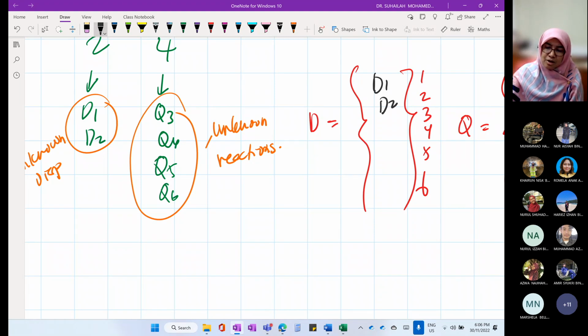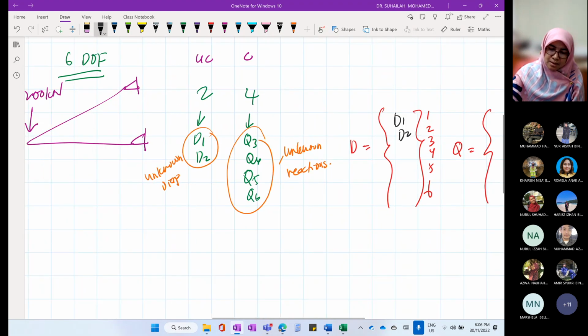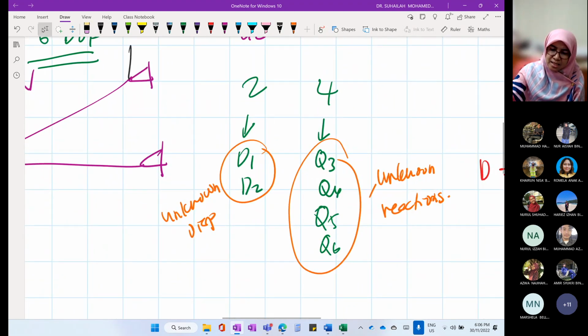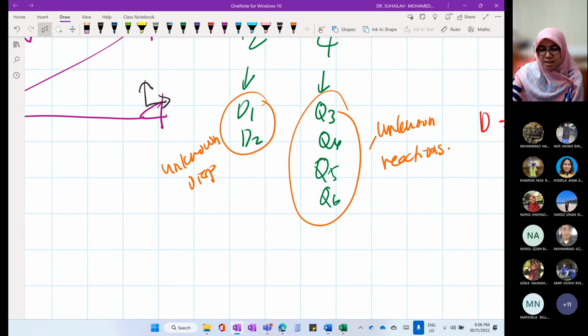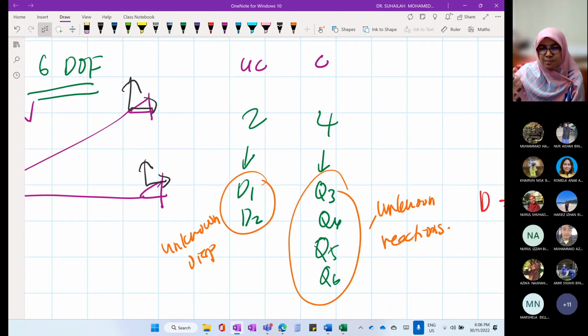What is equivalent to D there? 3, 4, 5, 6 are here, at the support.